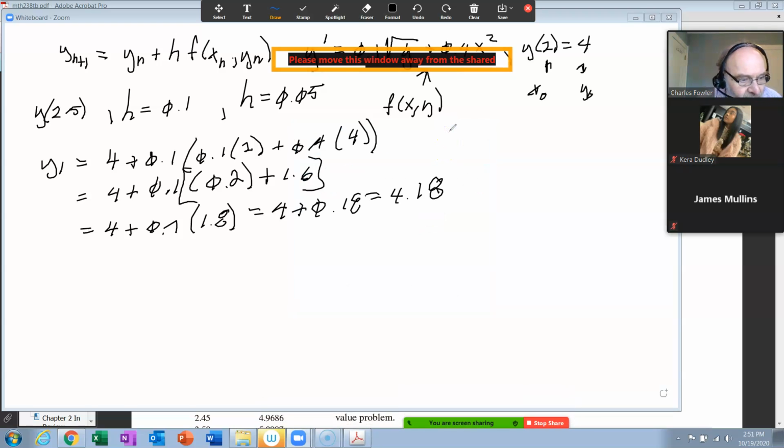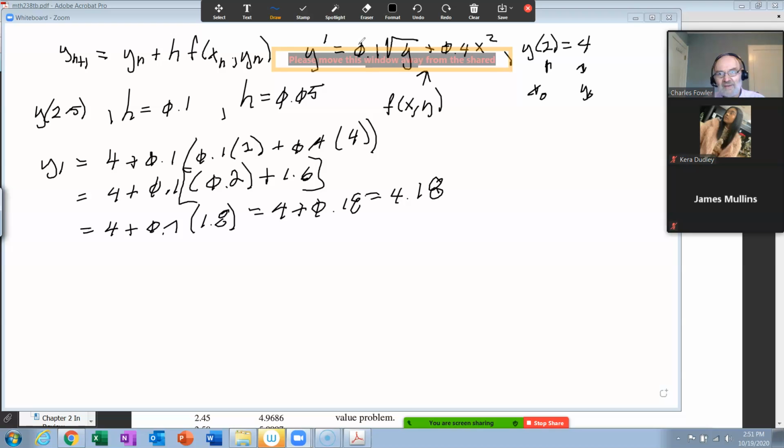All right, James, we are doing example 1 on page 78. We're in chapter 2, first order differential equations, 2.4, a numerical method. We're using Euler's method, and this is example 1, in the middle of page 78. Y prime is equal to 0.1 times the square root of y plus 0.4 times x squared.